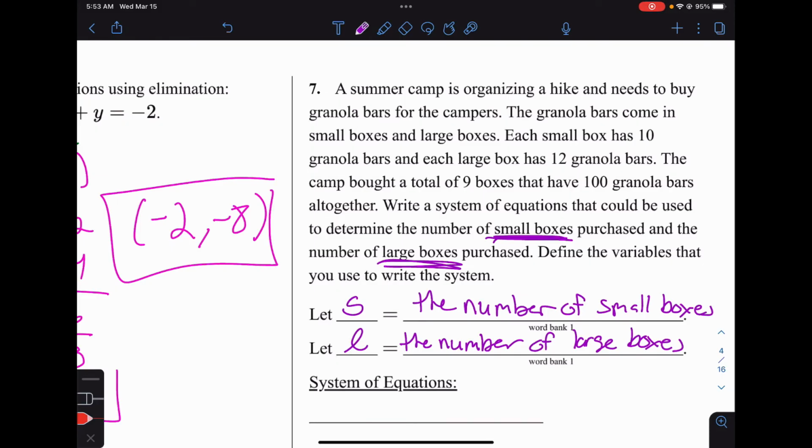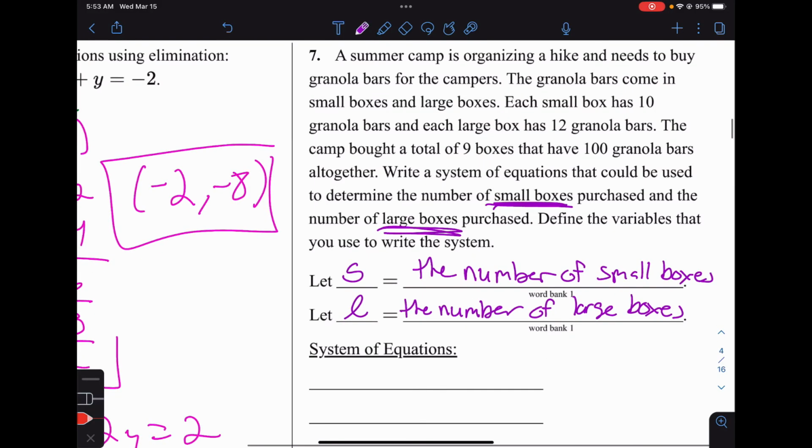So they told us that each small box has 10 granola bars and each large box has 12 granola bars. All right. And we know that altogether, our total number of granola bars is supposed to be 100.